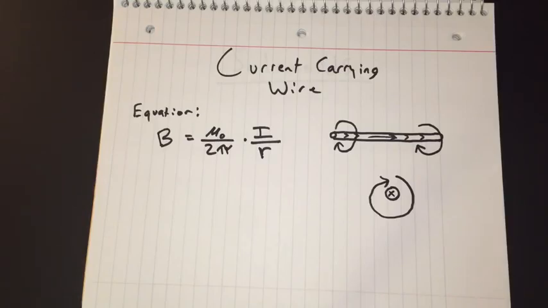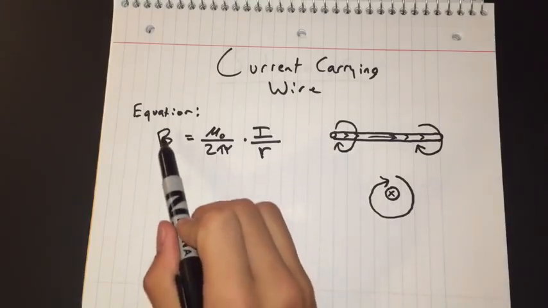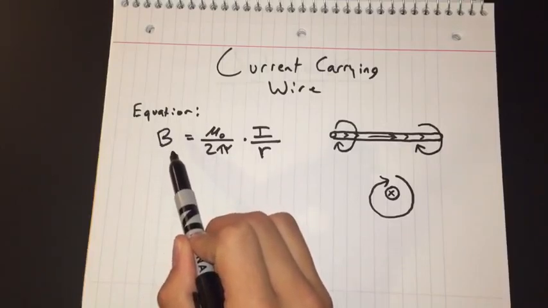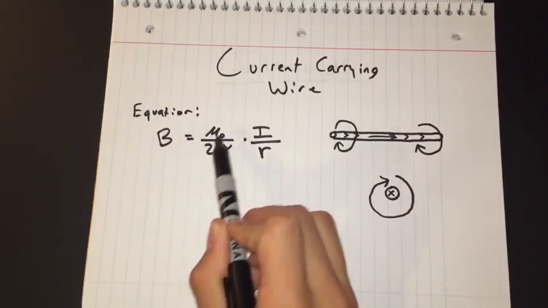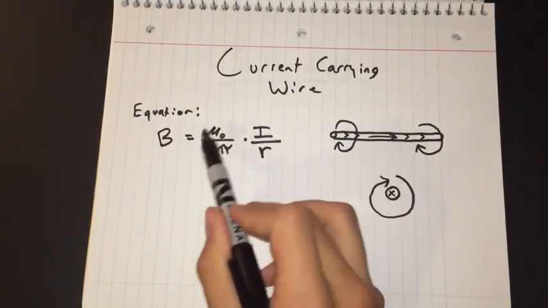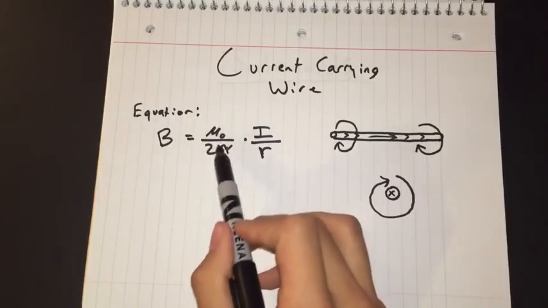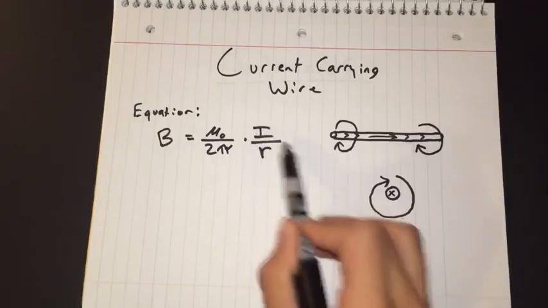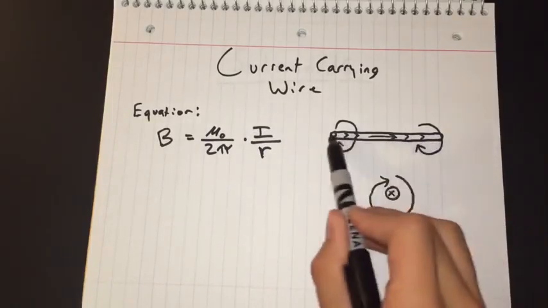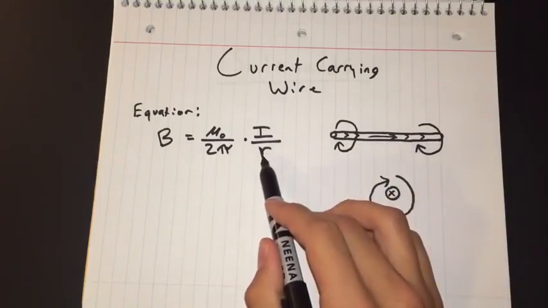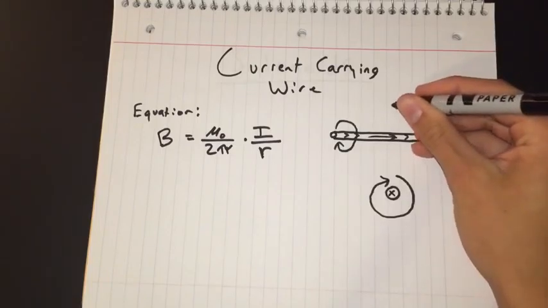So quantitatively, we have this equation, B being the B field, or the magnetic field, is equal to this constant over 2 pi. That's just, none of these are variables, so none of these change. Multiplied by the current that is running through the wire, divided by the radius from the wire the particle is.